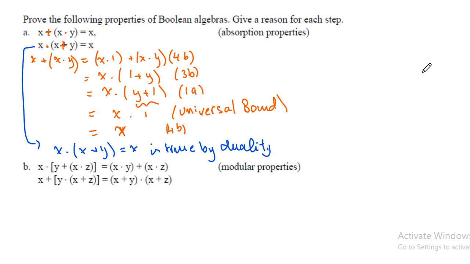Meaning I could just rewrite the proof again, but instead of a dot, I put a plus, and a plus is a dot, but instead of 4b, I call it 4a. 3a, 1b, universal bound, and 4a, and it will give me exactly the same thing. So no need to rewrite the proof. We just say it is true by duality. And this is the same with the following. As long as you see, you prove one, and the other one you're going to say it's true by duality.